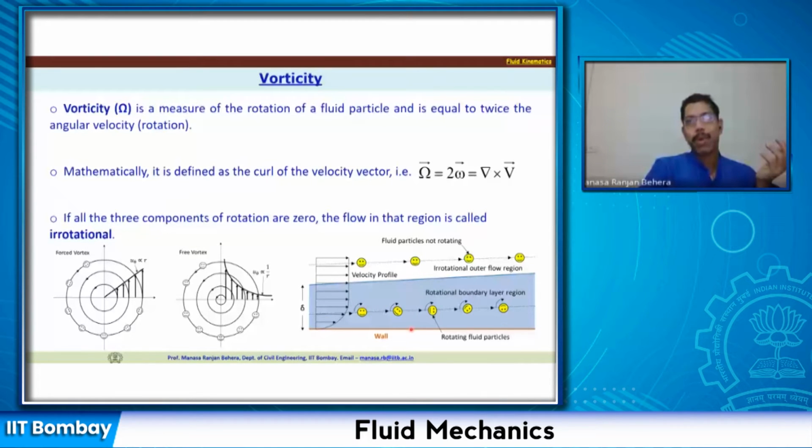Whereas this effect of the boundary is not going to be felt beyond a certain distance, and in that region, which we call the outer region or inviscid region, we can find that the flow is going to be irrotational. The fluid particles will behave irrotationally, and we can assume different conditions and solve the problems.